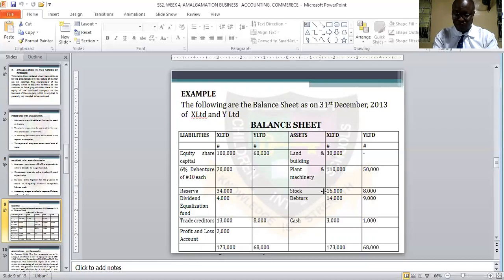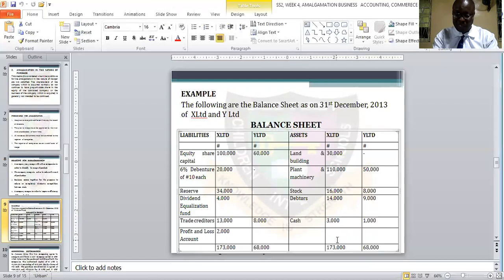Stock is 16,000, then Y Limited is 8,000. Debtors are 14,000 for S Limited, then Y Limited is 9,000. Cash is 3,000, then Y Limited is 1,000. That is for the asset side. The total for S Limited is 173,000, and for Y Limited, 68,000 naira.